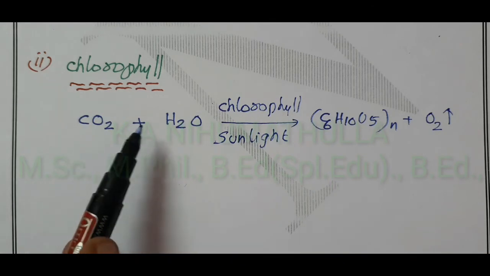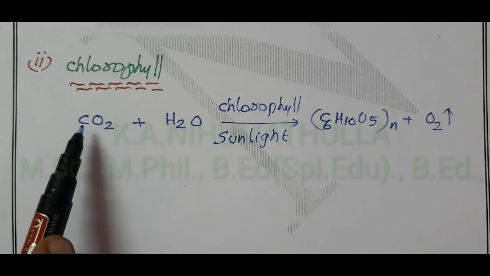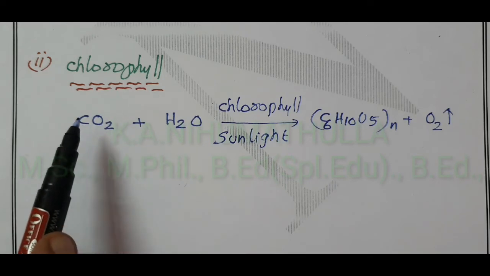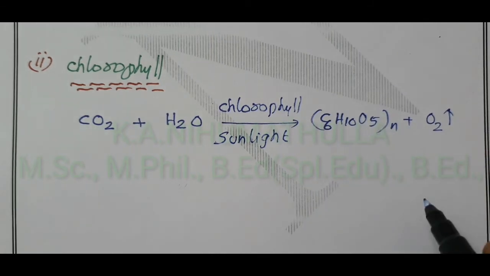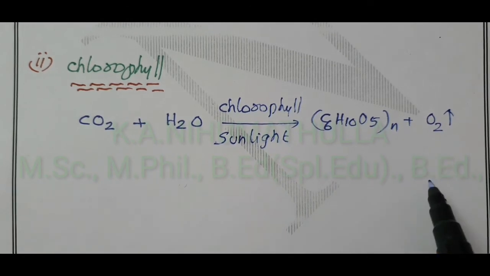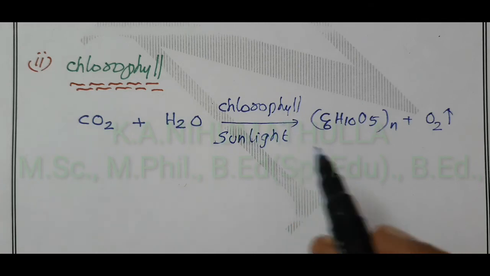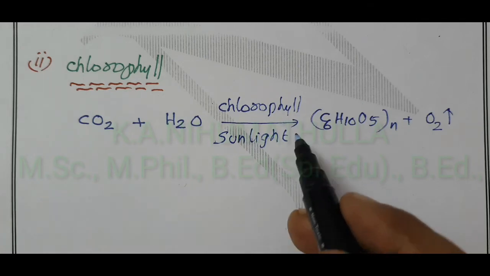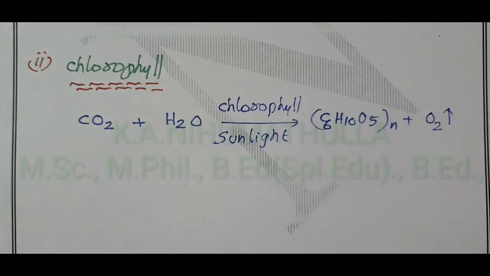So all the plants in the world absorb the harmful carbon dioxide and prepare their own food, and they give pure oxygen to the atmosphere. So the plant is called a natural purifier. The only natural purifier in the world is the plant.